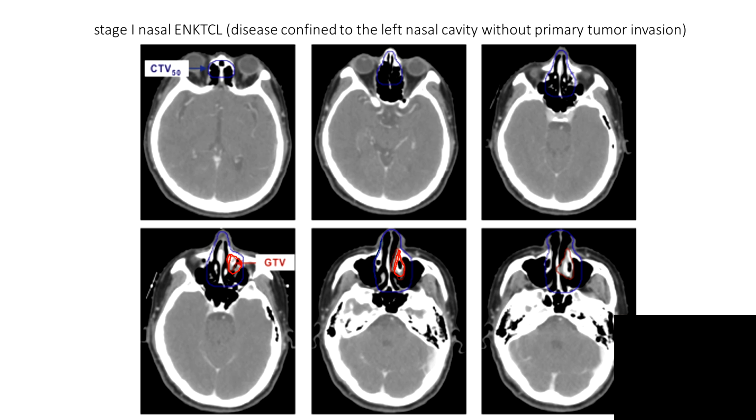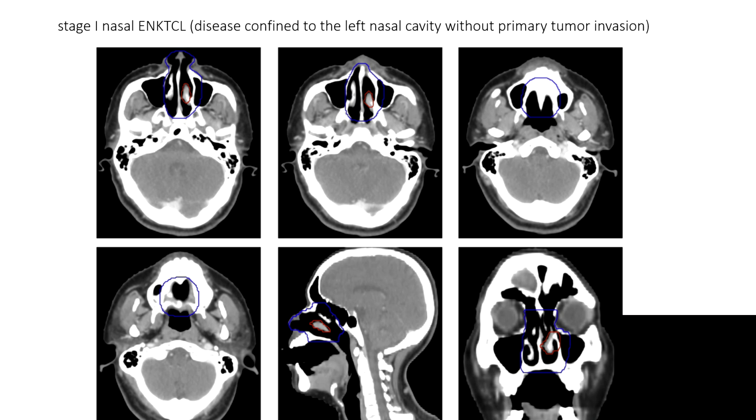This CTV includes both sides of the medial wall, and as the GTV is already involving the medial wall of the left maxilla, we give a margin of about 5 mm around to include the ipsilateral maxilla. These are the lower slices, all the way down to the area of the hard palate. And this is the sagittal view and the coronal view of the contouring.